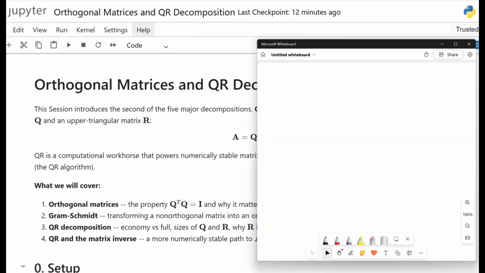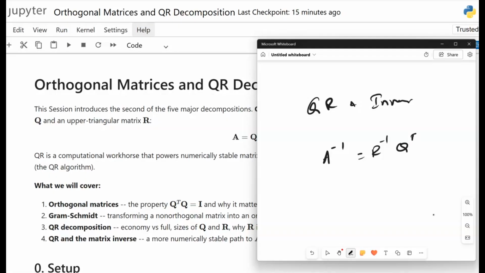So let's summarize, dear friends. Today we have discussed QR and inverse. A inverse, which is equal to R inverse multiplied by Q transpose, is more stable than direct inversion because Q transpose is exact and R inverse, that is triangular, is efficiently computed via back substitution.